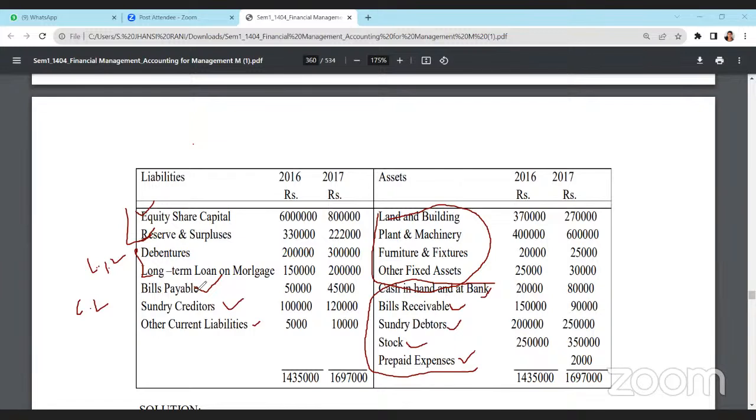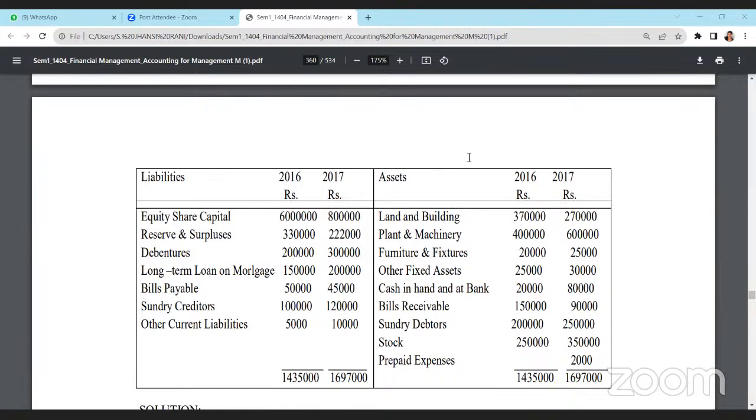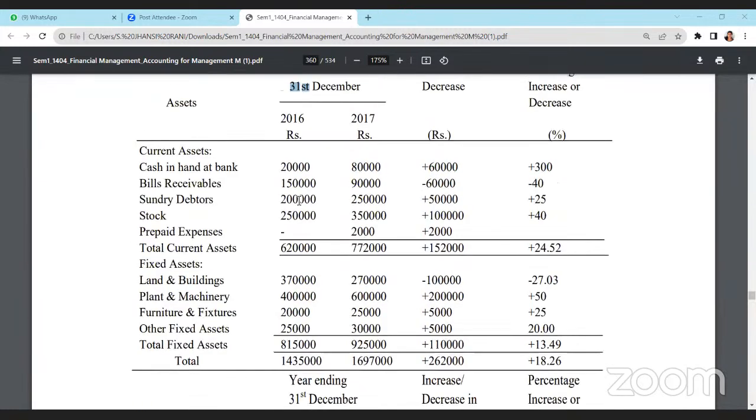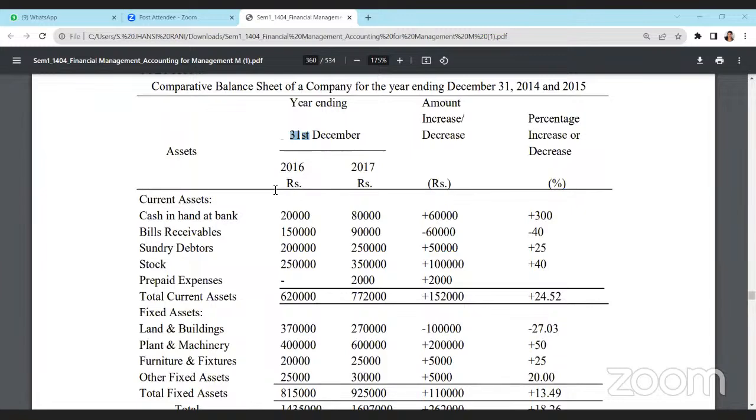In a comparative statement, what is actually done? As I said, 2 years of information are given to us, 16 and 17. So just look here. We have written 16 and 17.